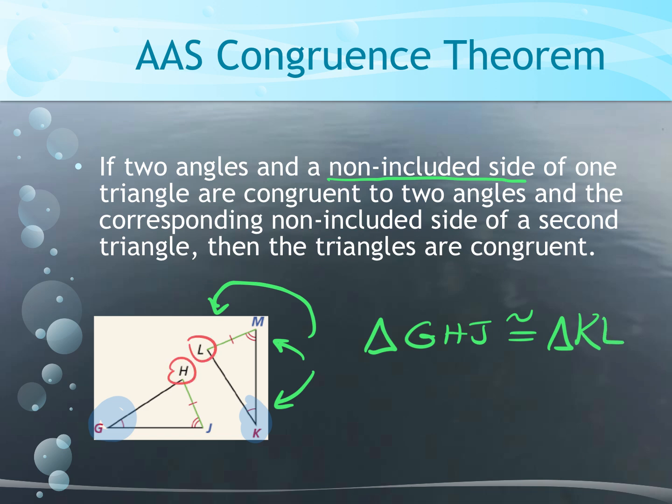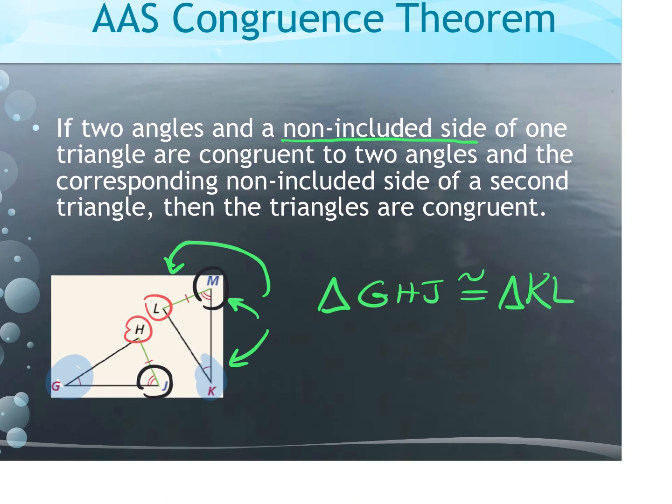And then lastly, the M and the J have the same type of marking, so I'll put those two together. So then J and M. And this would be using the angle-angle-side, because the side that's marked is not in between the two congruent angles, it's the non-included side.